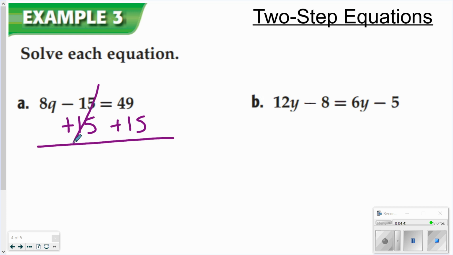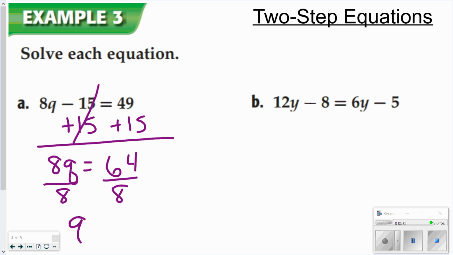Those then cancel, and I'm left with 8q is equal to 49 plus 15 is 64. What am I going to do next? I'm going to divide by 8 on each side, which means q is equal to 8. And that is my answer.